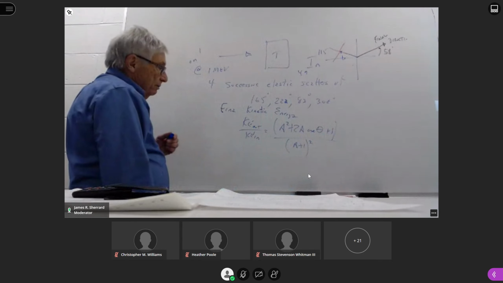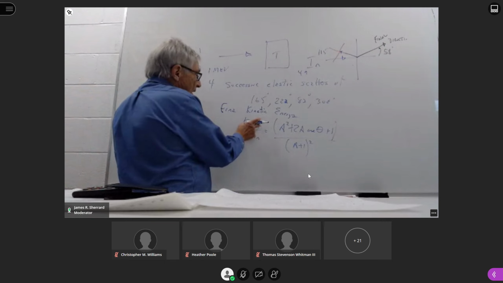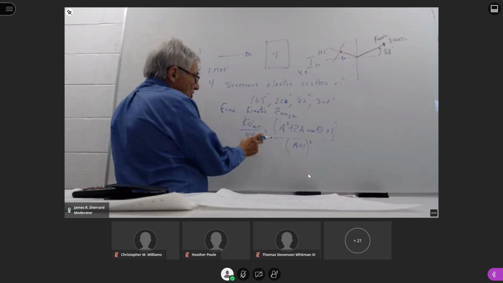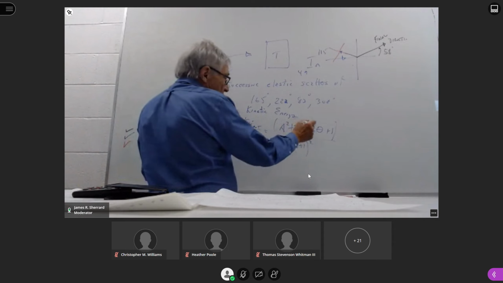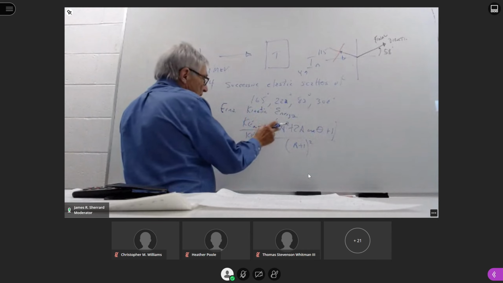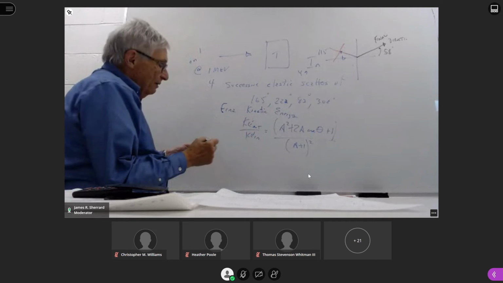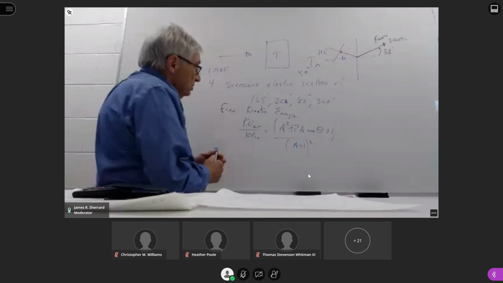That's for one scatter. If you find this value coming out after one scatter, substitute it back in for the incoming energy, change the angle, you'll have a new out, substitute that back in, get a new one, substitute it back in again, and after the 4 scatters, you'll have what the final energy out is.